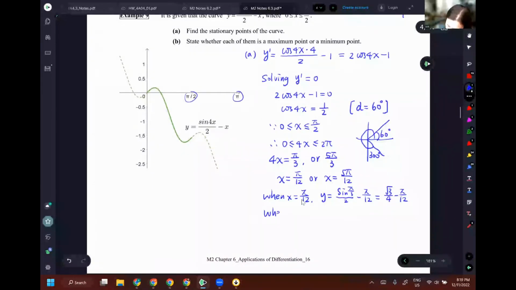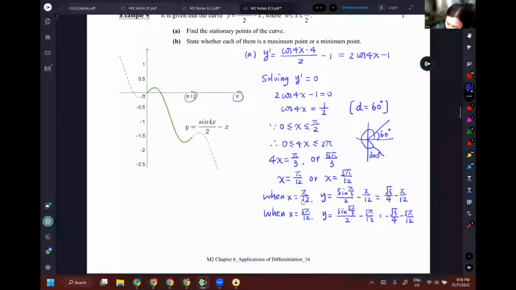The second, when x equals 5 pi over 12, y equals sine 5 pi over 3 divided by 2 minus 5 pi over 12. It's negative root 3 over 4 minus 5 pi over 12.